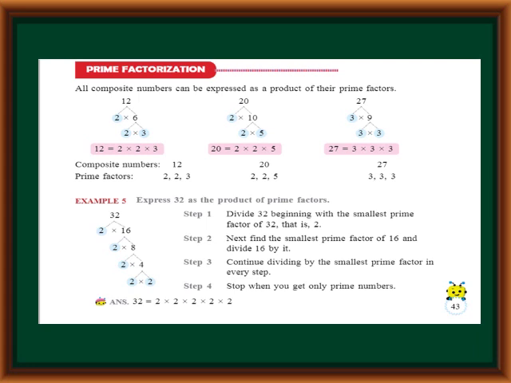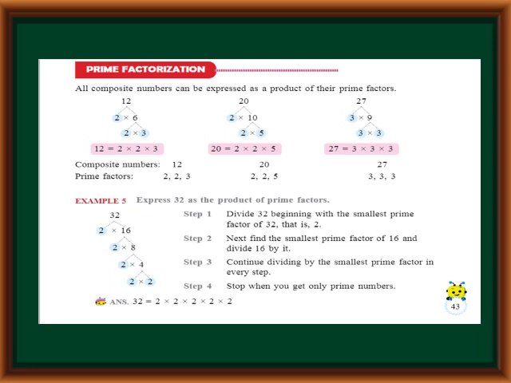So 2 multiplied by 6 will give you 12. As 2 is a prime factor, you leave it as it is and then you factorize 6. So what are the factors for 6? 2 into 3. So again 2 and 3 are prime factors. It cannot be factorized further. So the prime factors of 12 are 2 into 2 into 3.